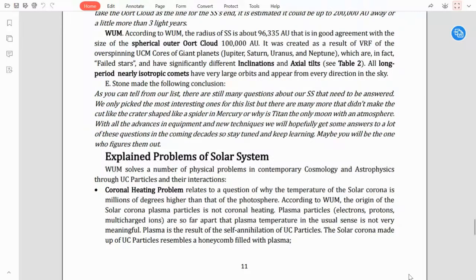Plasma particles, electrons, protons, multi-charged ions are so far apart that plasma temperature in the usual sense is not very meaningful. Plasma is the result of the self-annihilation of UC particles. The solar corona, made up of UC particles, resembles a honeycomb filled with plasma.